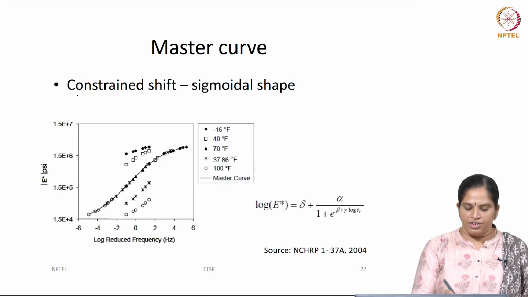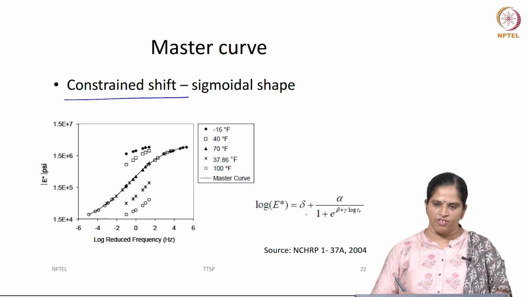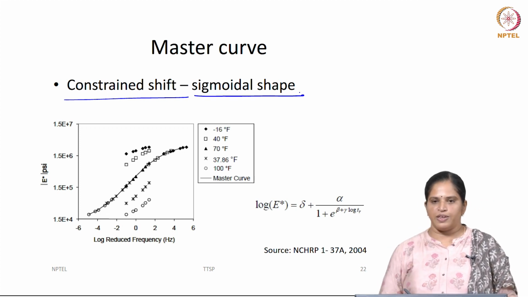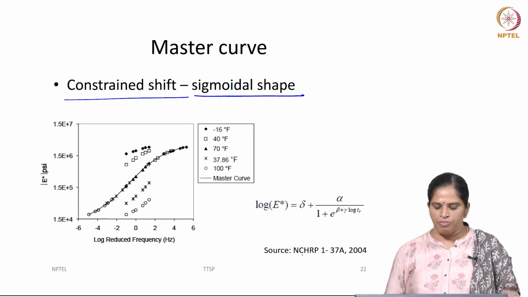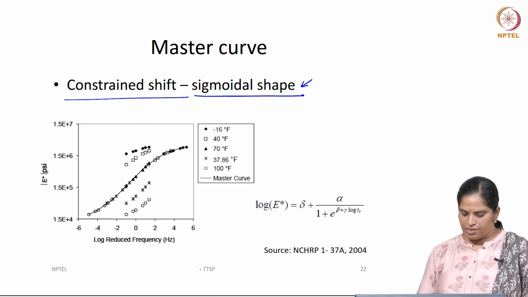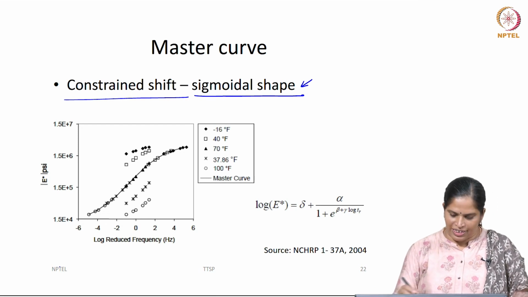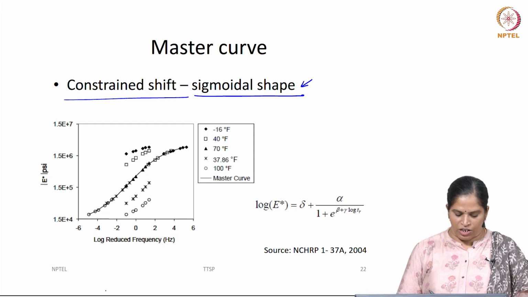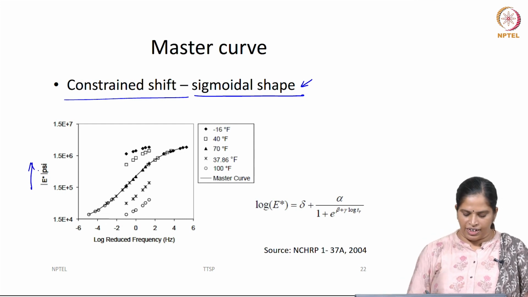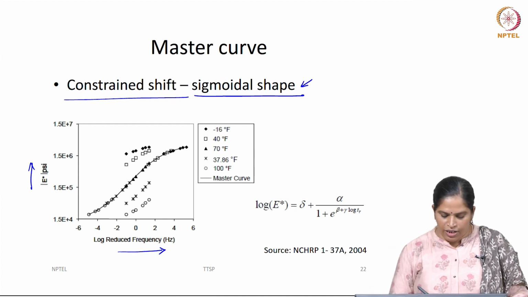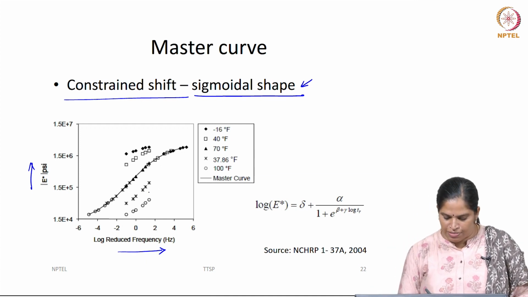Now, in the constrained shift process, we define a final form of the master curve. It can be a sigmoidal shape or any shape. The MEPDG design uses a sigmoidal shape master curve, so let us look into what a sigmoidal shape master curve is. Again the same kind of data, dynamic modulus data as a function of frequency, at different temperatures.